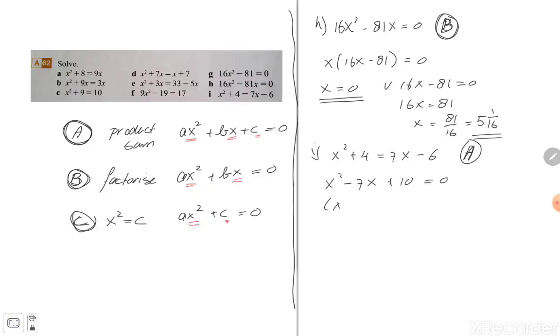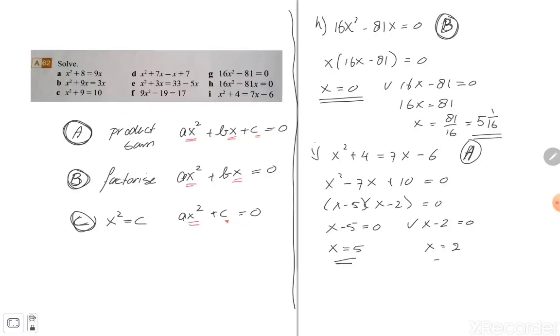Then you have x minus 5 and x minus 2 is equal to 0. So x minus 5 is 0, or x minus 2 is 0. So x is 5 or x is 2.